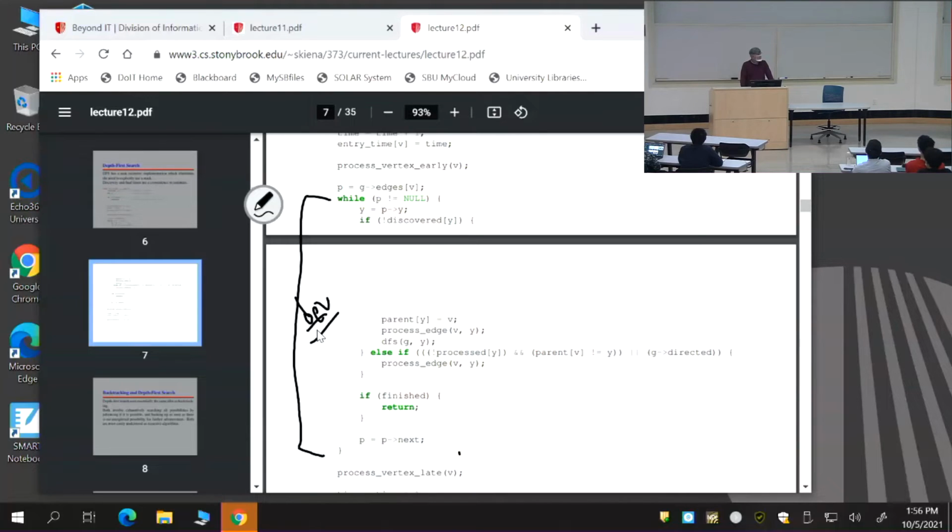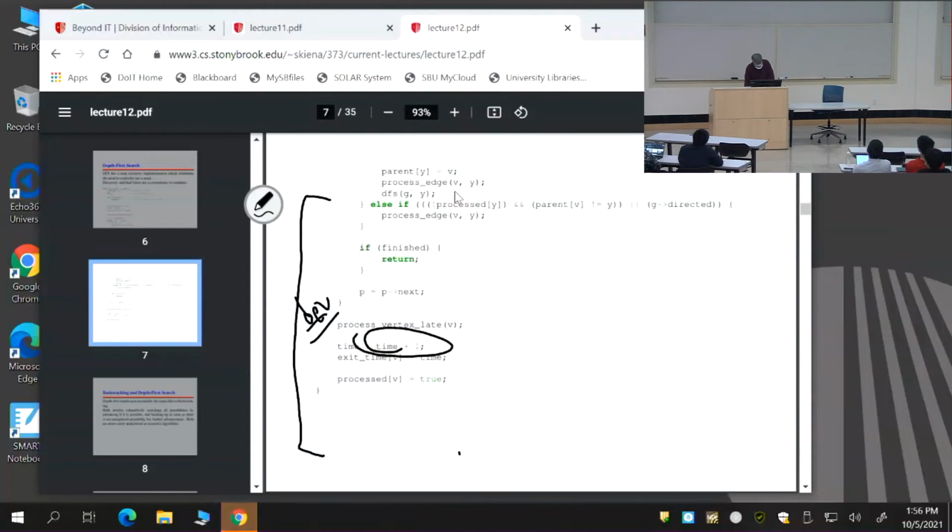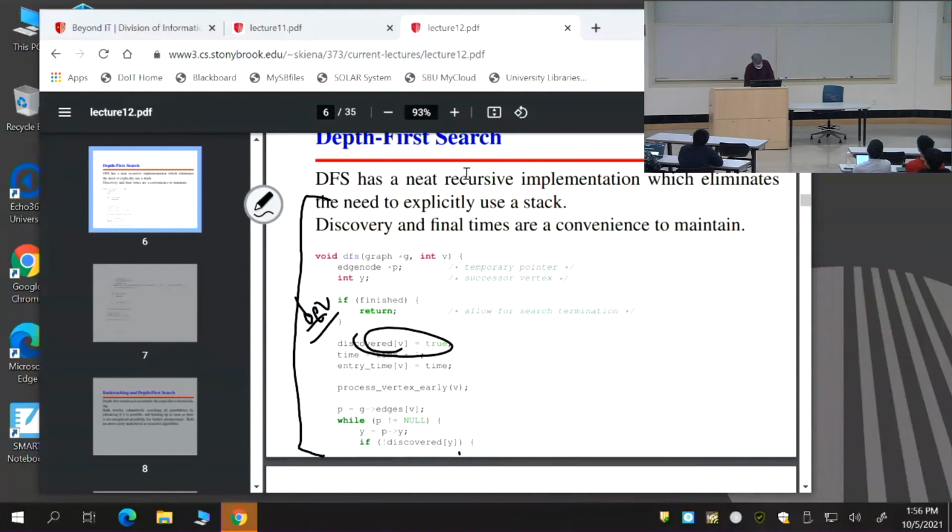Yeah? It is the recursive call. What is going on here? There is a recursive call for DepthFirst Search. What is the story being?